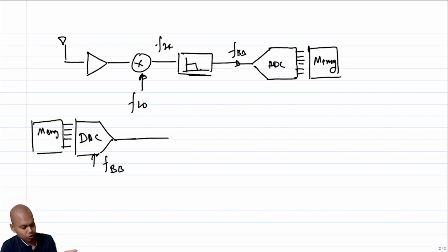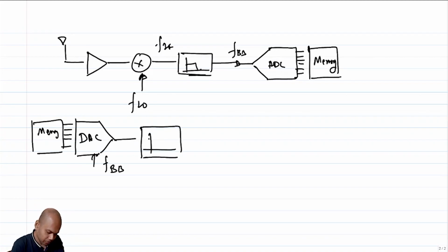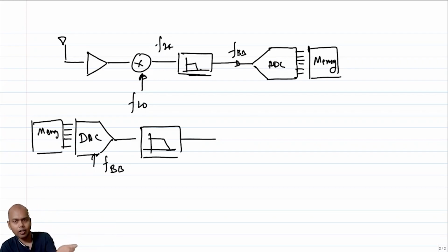But in order to keep the symmetry between the receiver side and the transmitter side, we'll assume that there is a filter. There is a low pass filter which smoothens out the DAC output, and you get a pure sinusoid or modulated sinusoid kind of output. So this is at FBB also.